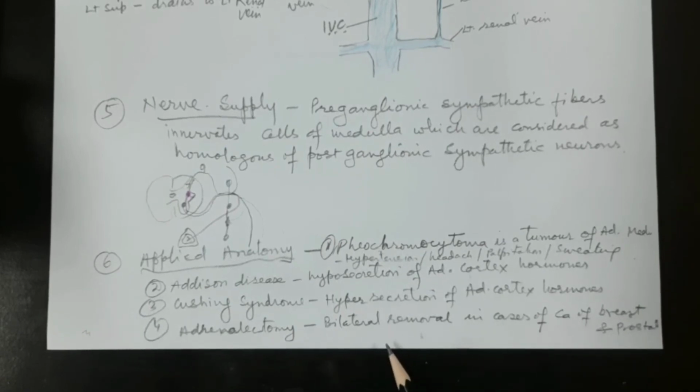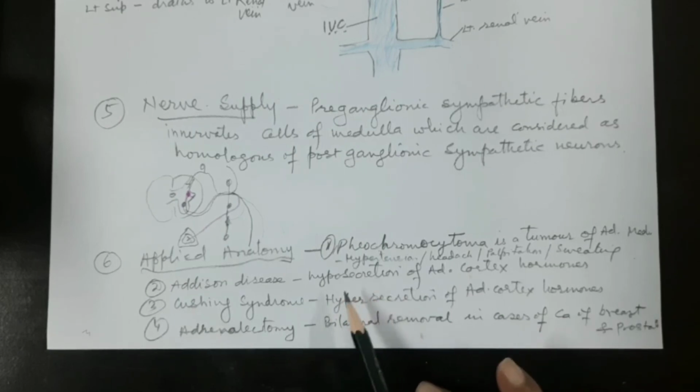You have to remove it not only when a tumor is present in the gland, but in conditions of cancer of the breast and the prostate, both adrenal glands are removed. That is adrenalectomy. Then there is a condition called Addison disease, which is hyposecretion of the adrenal cortex hormones, meaning there is a deficiency of the hormones.